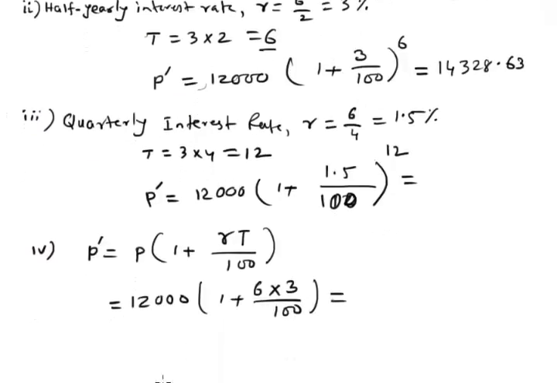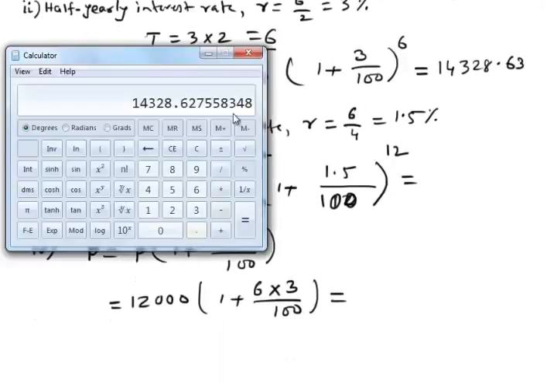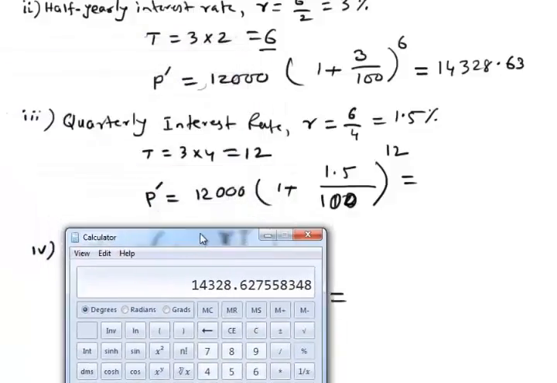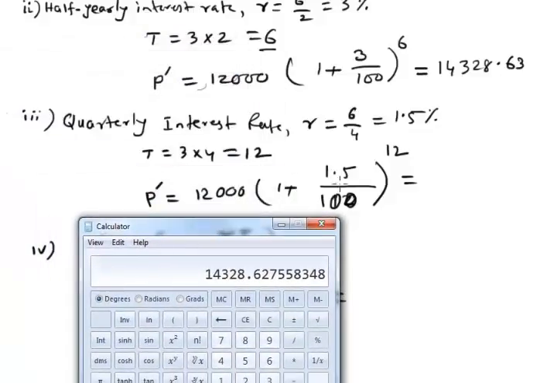Let's do this calculation. Here it will be 1.5 divided by 100, it will give 0.015 and then this one. So 1.015 to the power 12 will give this, then times 12,000.